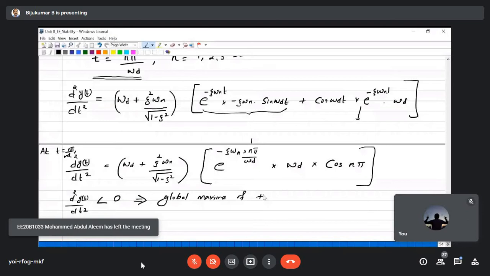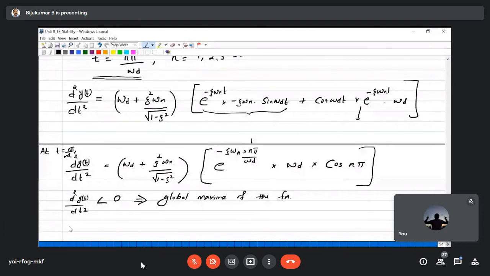If it is greater than 0, it will become the local minimum. Whether we need global maximum or local minimum? In our case, it is global maximum, right?